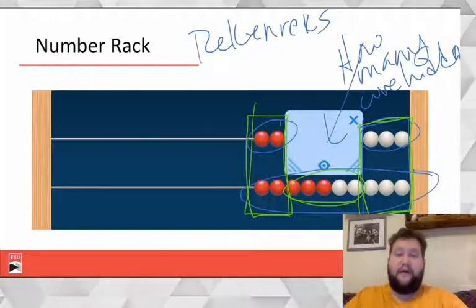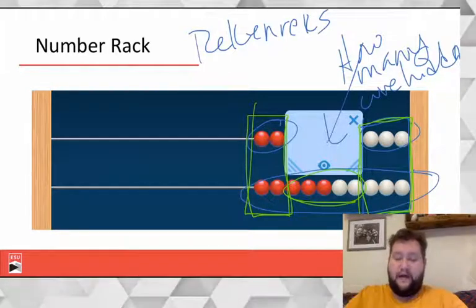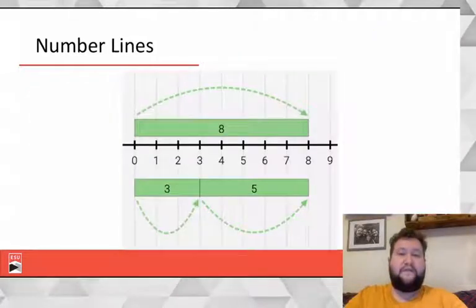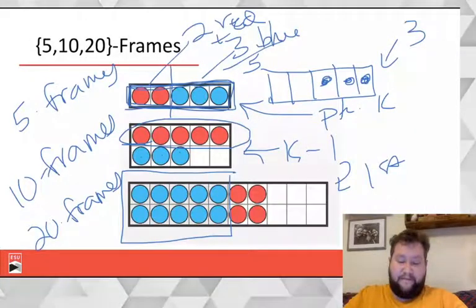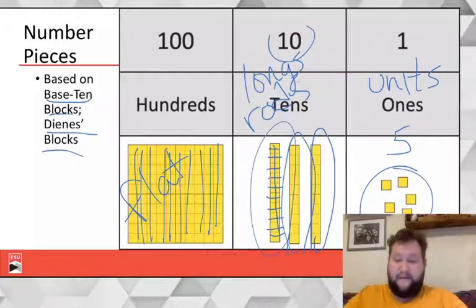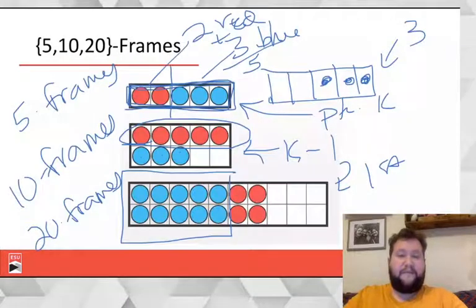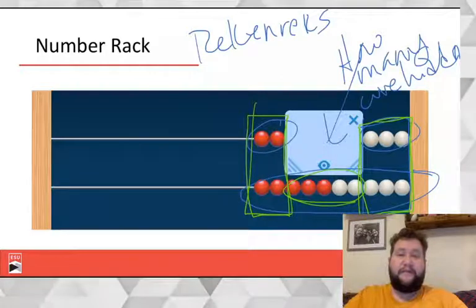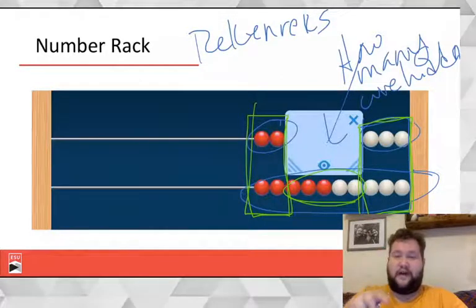And so thinking about this goes back more to the object, so earlier thinking. And I could probably put these in some sort of order. If I had to, I would say number pieces come after 5 frames, which come after number racks. So I would say this is probably the earliest representation after just objects.